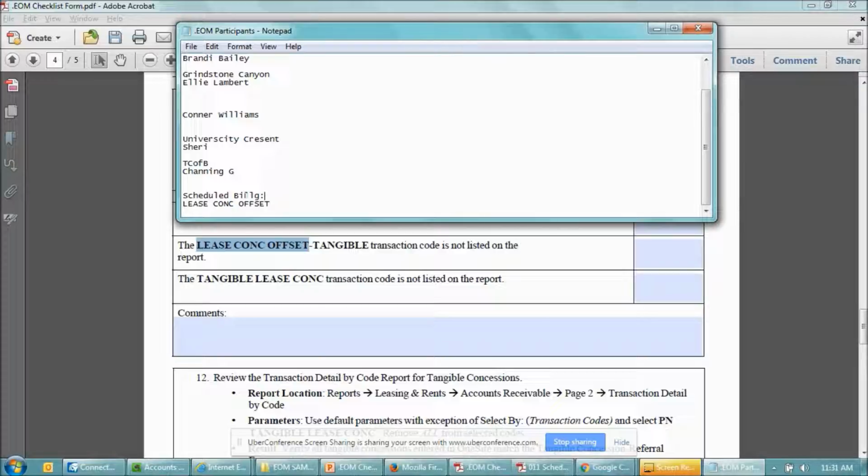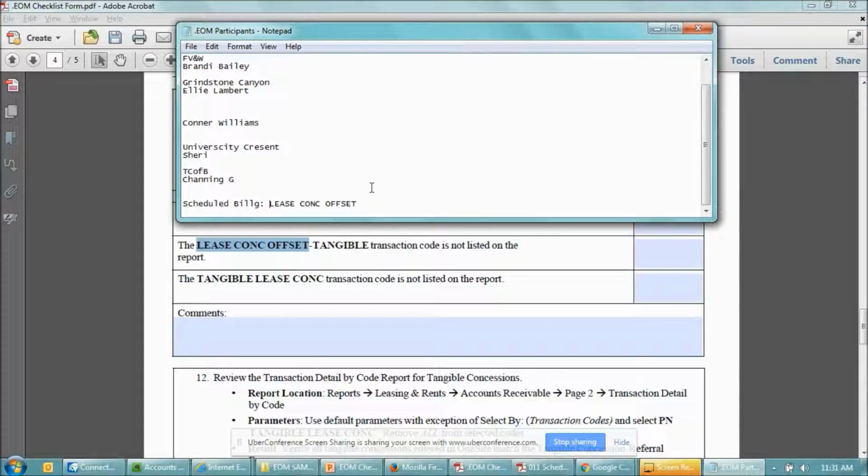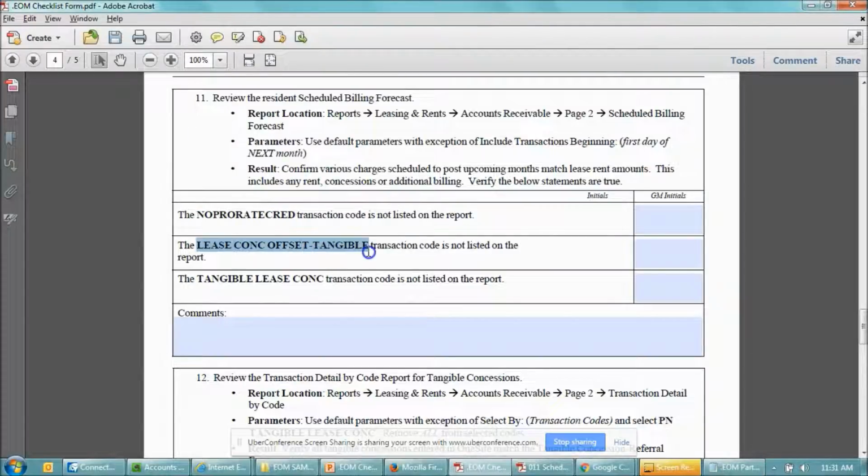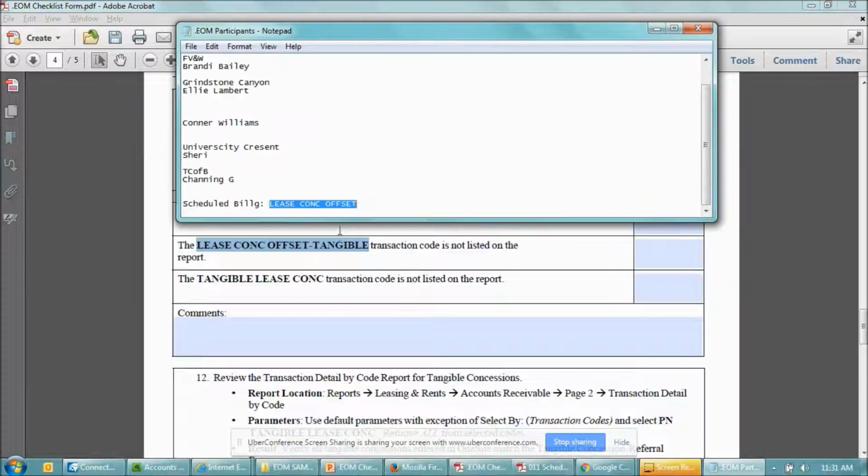The correct code is the lease concession offset code, which is very similar to lease concession offset tangible, which is the issuance code to use. And so what ends up happening is sometimes when entering this one, you hit the hyphen or a space and it pre-fills this incorrect issuance code in. So that's how that can occur.